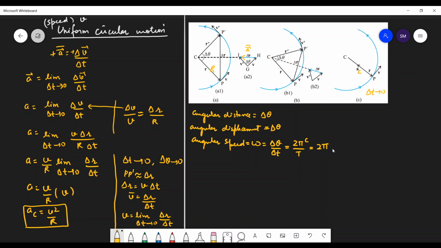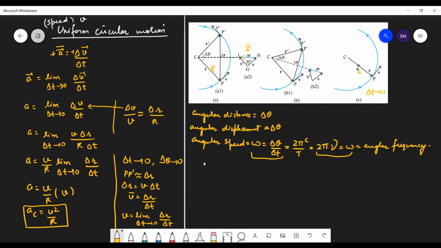Now 2 pi upon T, that is 2 pi times frequency, is still omega. If I write it in terms of angular distance or displacement, it will be angular speed, and if I write it in terms of frequency, it will be angular frequency.